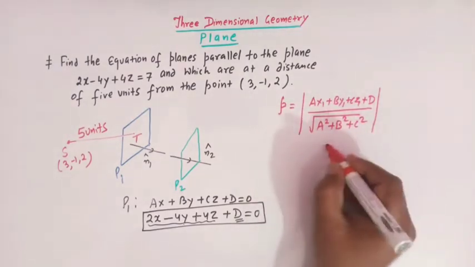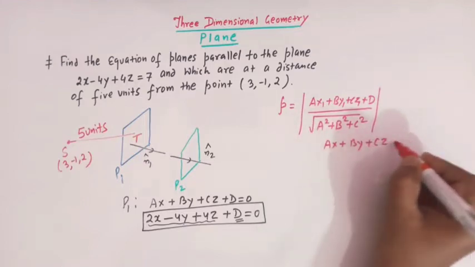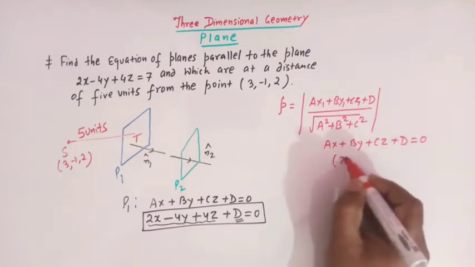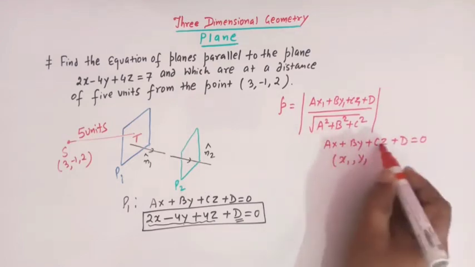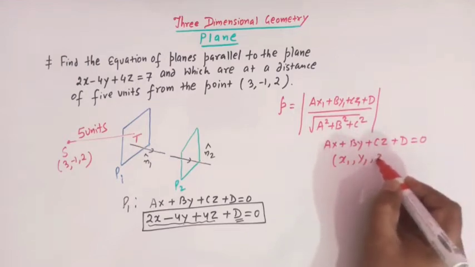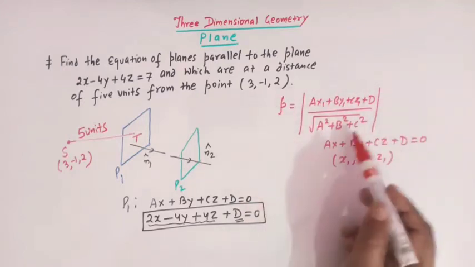So if we have any plane ax + by + cz + d = 0, and we have to find the perpendicular distance of this plane from this point, that is x1, y1 and z1, then the distance is given by this formula, right?